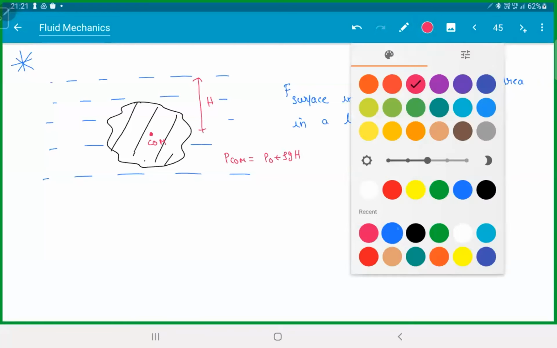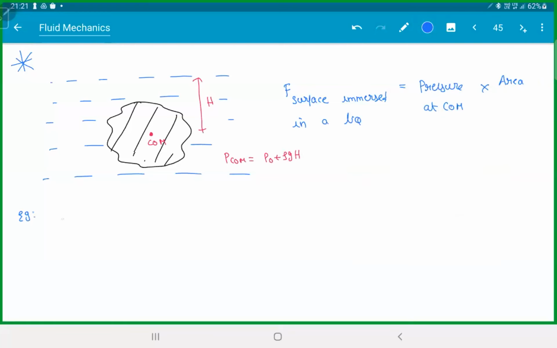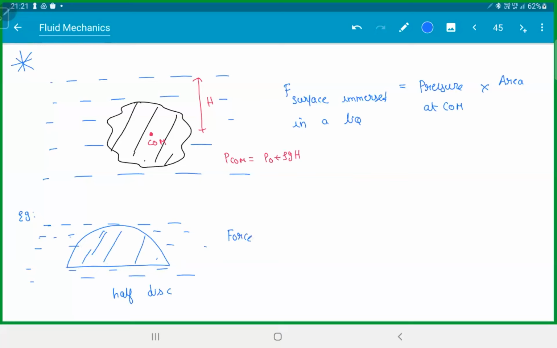Example. Let's say you take a half disk. Now if I ask you the force on one face of the half disk.